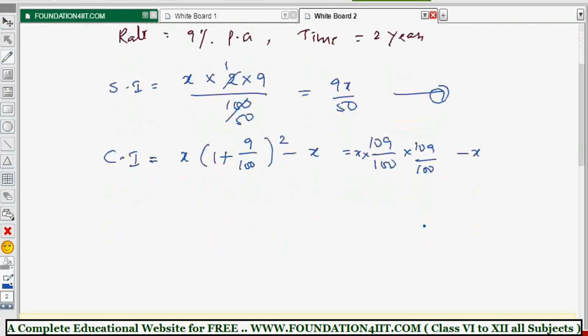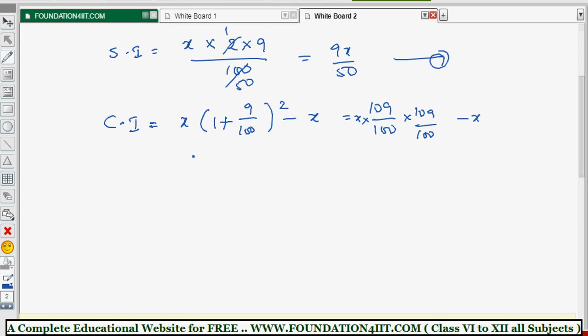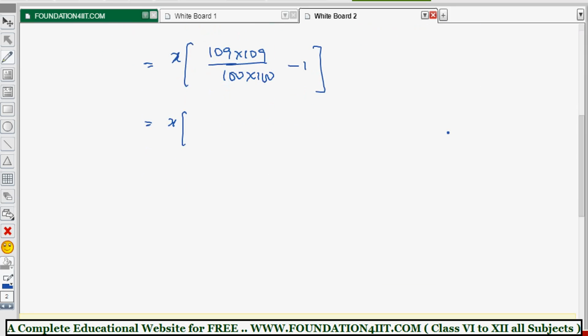Just to simplify this more, take x common. x into 109 into 109 by 100 into 100 minus 1. Okay, x you took common, x into, just multiply this 109 into 109, right?